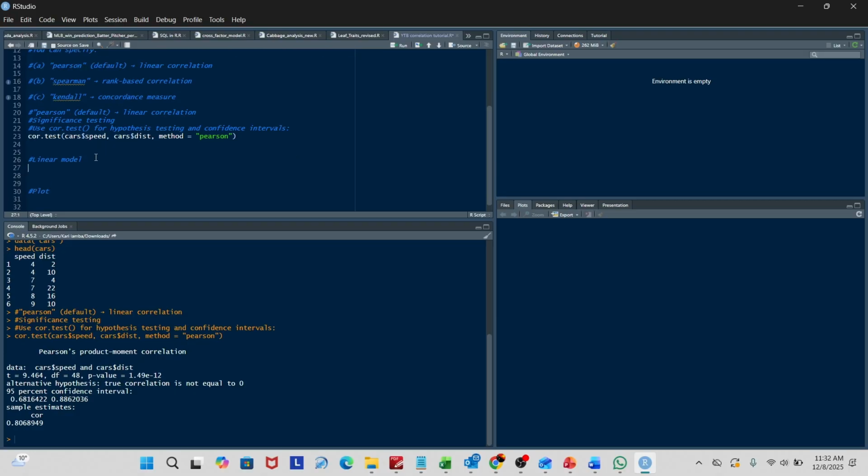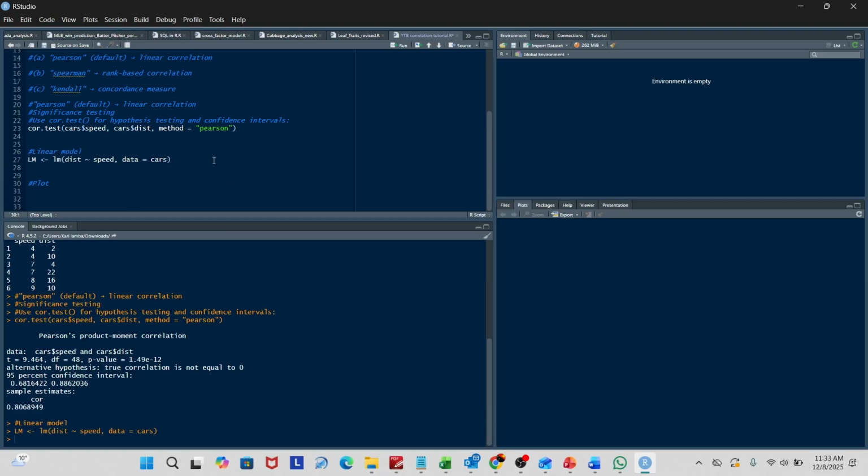Okay, we can also look at the same result but in a linear model. So we can name our linear model as lm, and then the linear model function, and then after that we put our response variable, which is distance, and our predictor will be speed, and then our data will be cars.